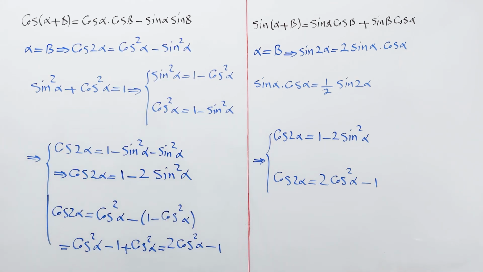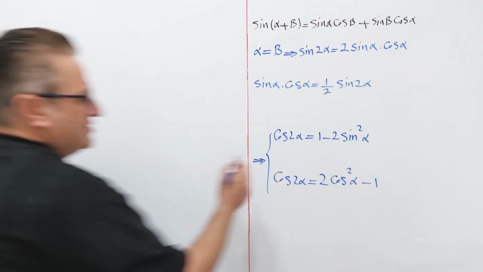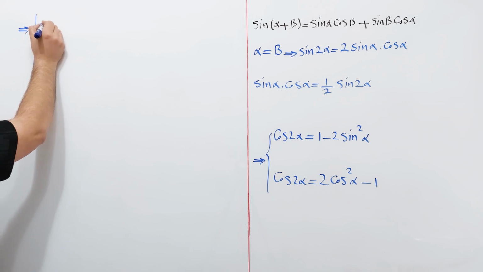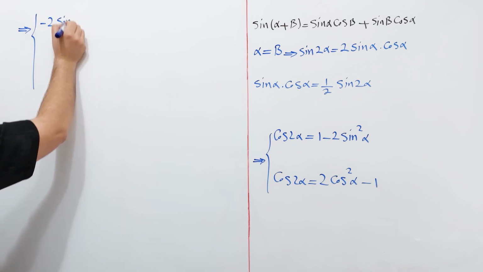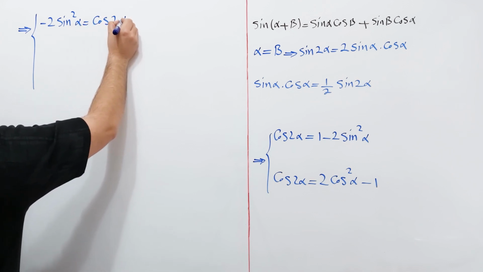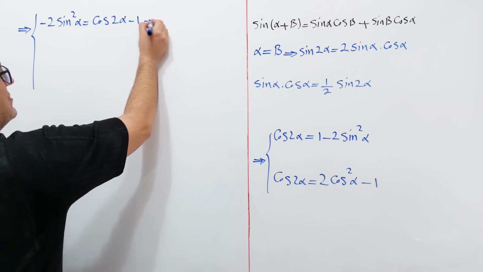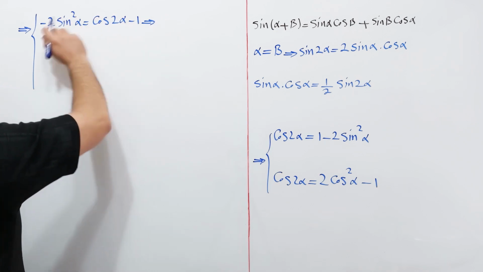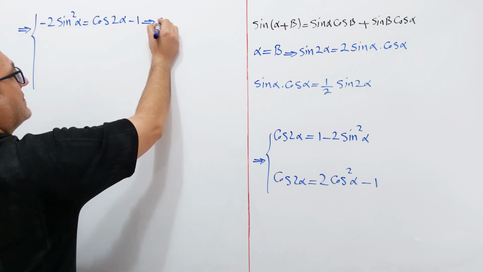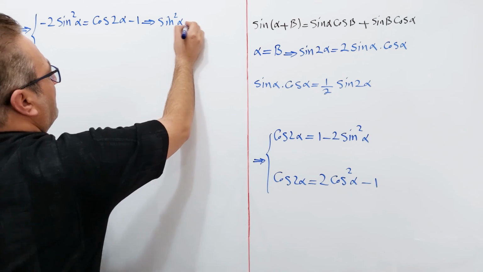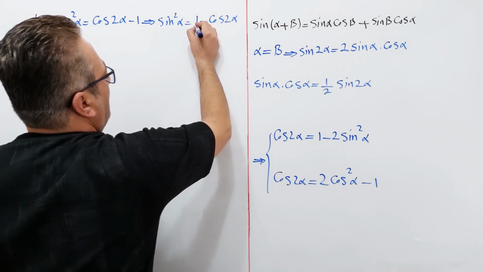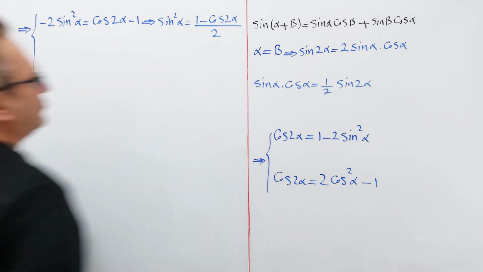Okay? So we have minus 2 sine squared alpha is equal to cosine 2 alpha minus 1. So if we divide both sides of this equation by minus 2, we have sine squared alpha is equal to 1 minus cosine 2 alpha, divided by 2.